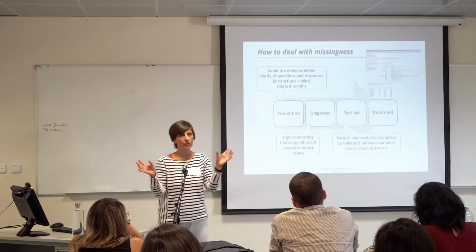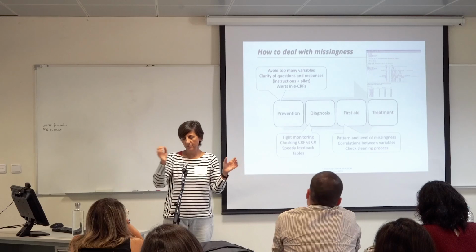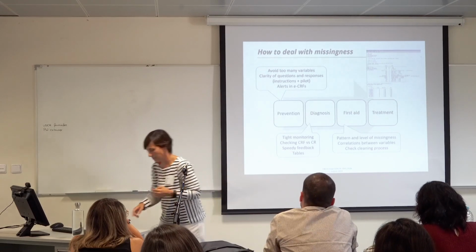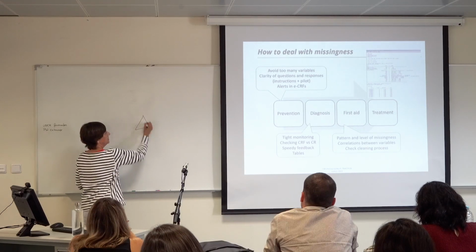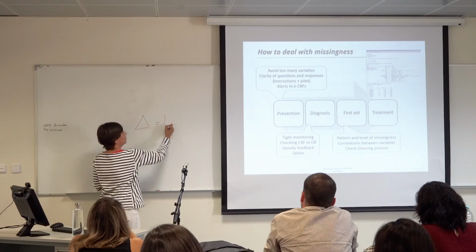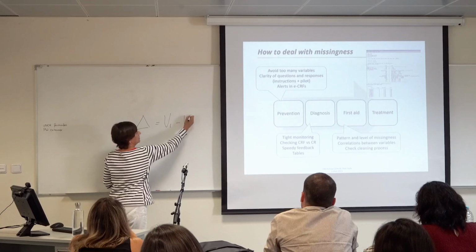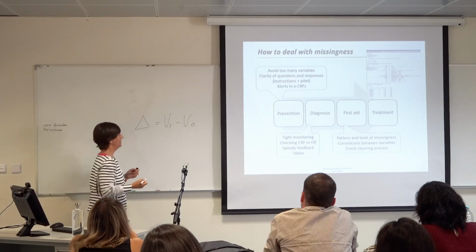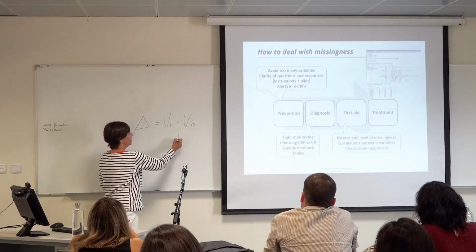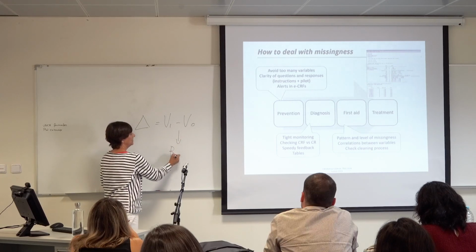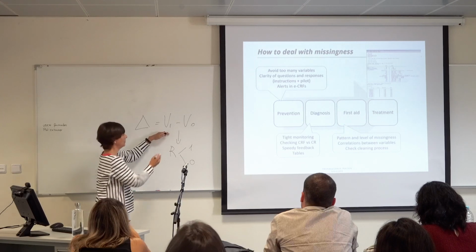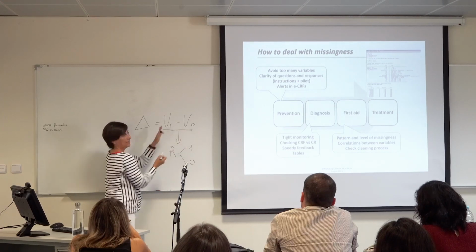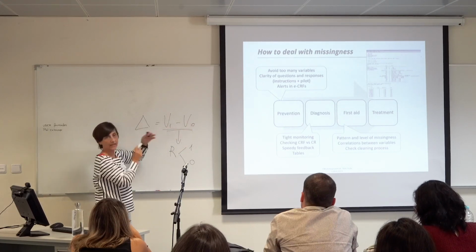This is very typical when you have, for instance, a variable that is the difference between visit 1 minus visit 0, right? And then you convert that into a response, yes or no. Because this one is a continuous variable, a scale minus a scale gives you a continuous variable.